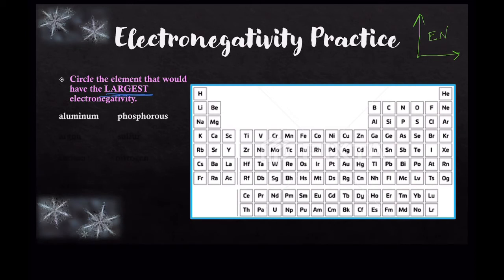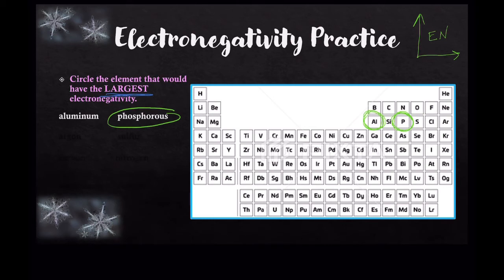Okay, so aluminum is right over here, and phosphorus is right over here. They're both in the same period. So which one's got the greater electronegativity? Hopefully, you can see that it's phosphorus. Now, why does it have the greater electronegativity? They both are in the same energy level, so they have the same shielding effect.